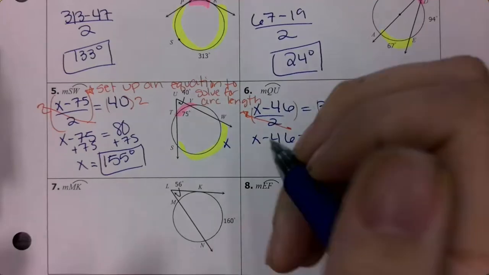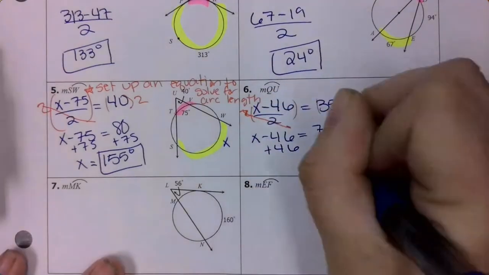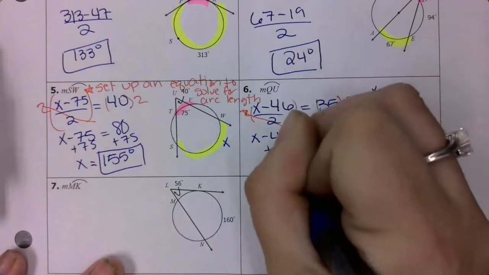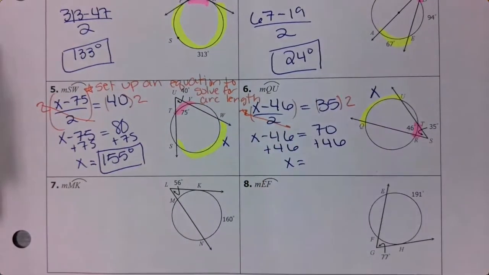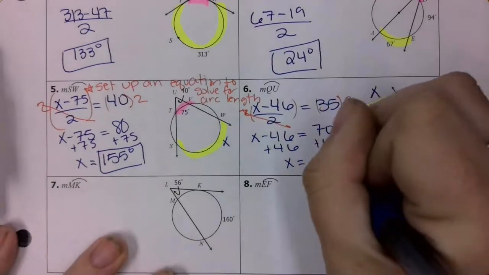Okay, then to solve for x, I want to add 46 to both sides. So what is 70 plus 46? 116.